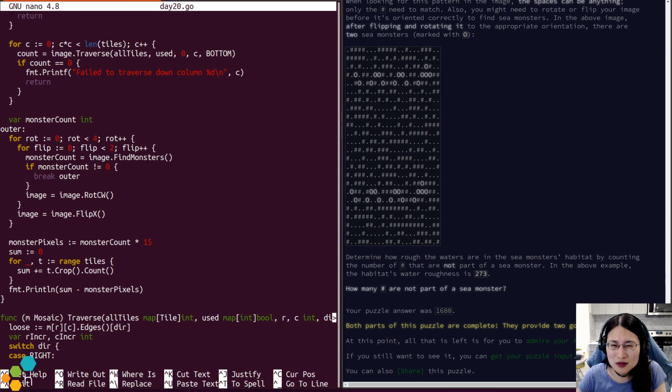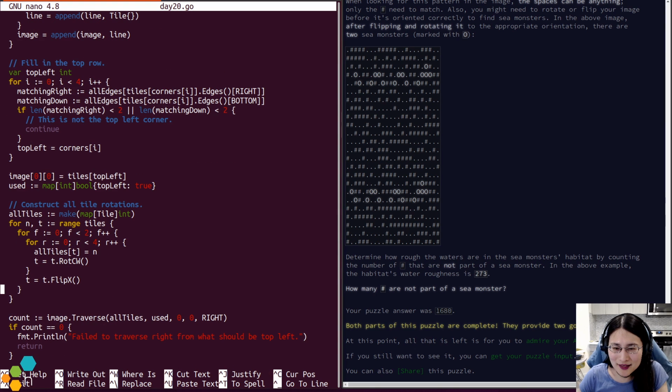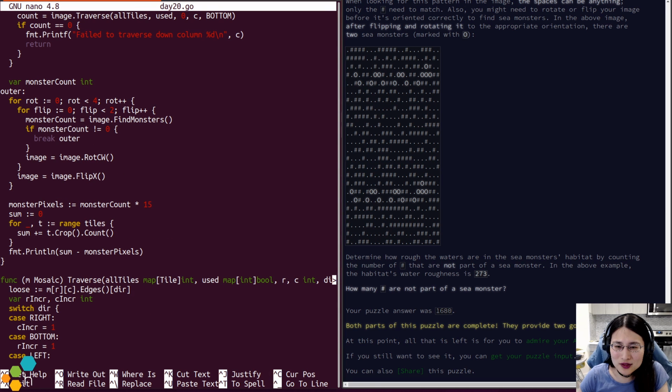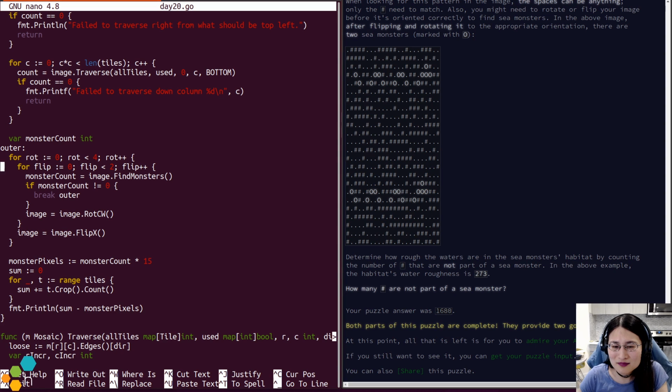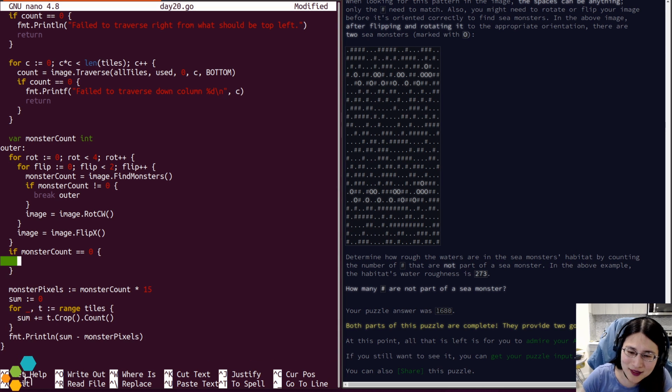I didn't need to do the spiral pattern. The only thing that's wrong now is looking for the sea monster. So let's just verify that that's what's going on.